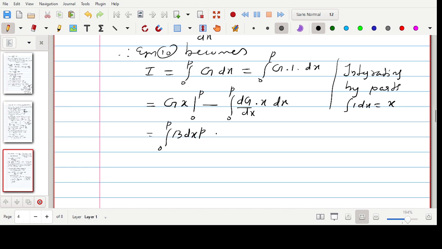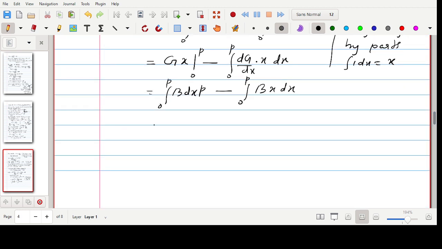Now this minus sign, minus the integral 0 to p, what is dg by dx? dg by dx is b. So this is b x dx. This equation I can write as the integral 0 to p b p dx minus b x dx, or I can write it as b into p minus x dx.